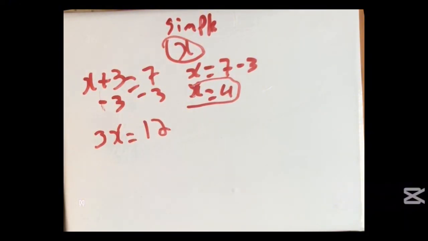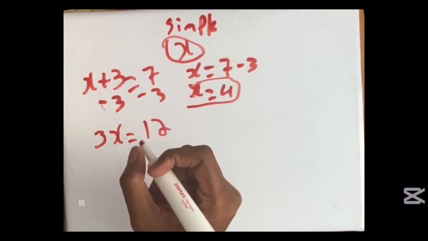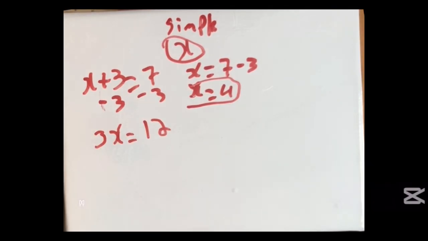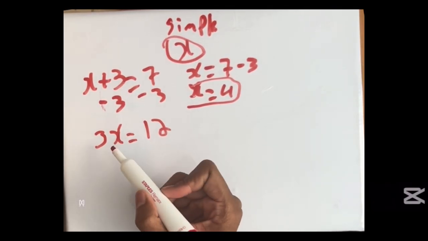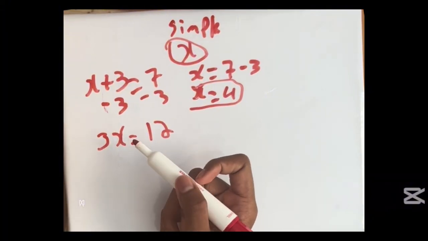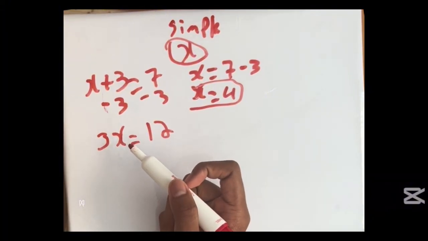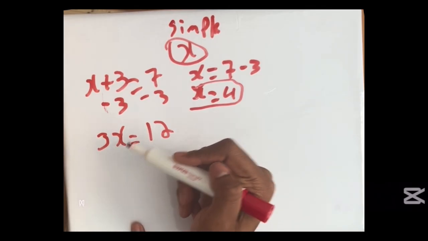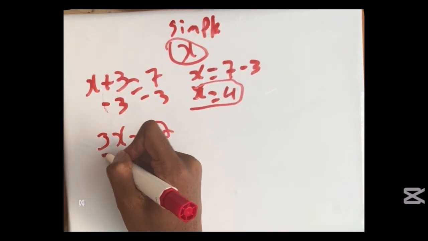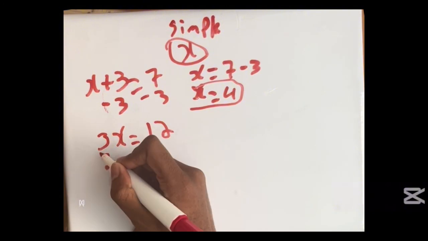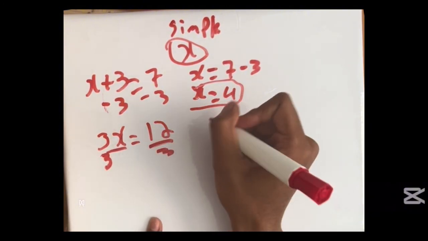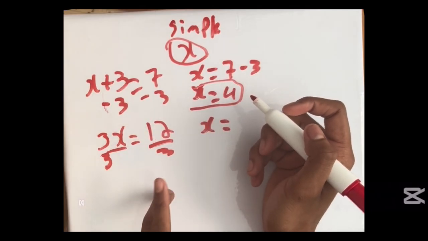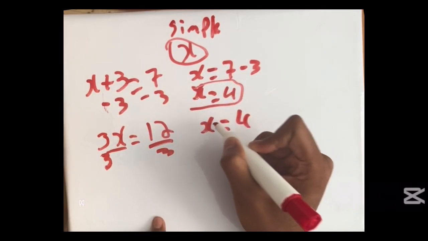In this type of equation, you're always going to divide both sides by the number x is multiplied by. So in this case, you're just going to divide both sides by 3. It's going to be 3x divided by 3, and 12 divided by 3. So x is going to equal 4. Same thing.